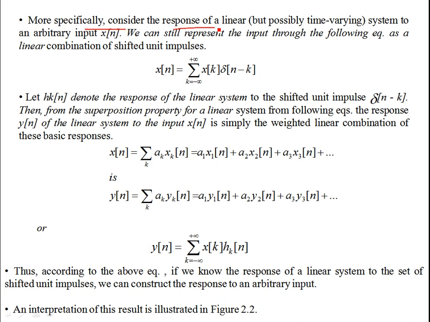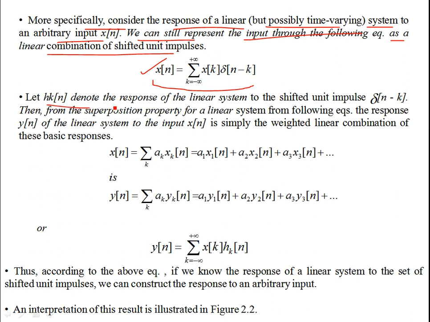Now, more specifically, consider the response of a linear but possibly time varying system to an arbitrary input x of n. Any arbitrary x of n can be decomposed into a shifted scaled impulse sequence, which we have seen previously. So we can still represent the input through the following equation as a linear combination of shifted impulses, where x of k are the samples of x of n.